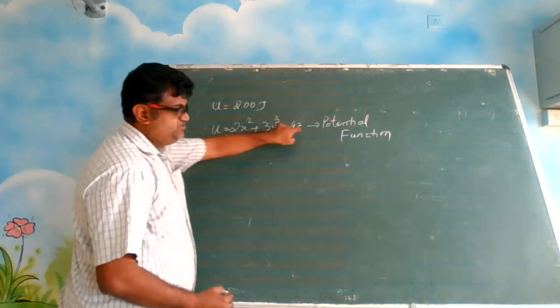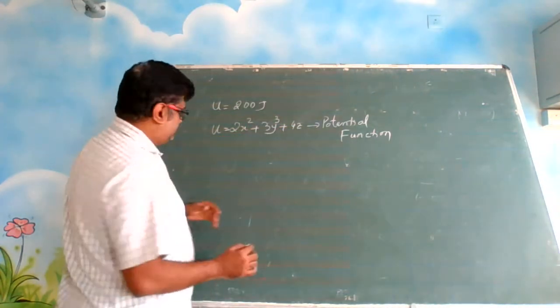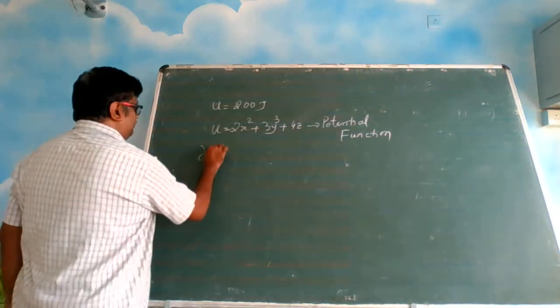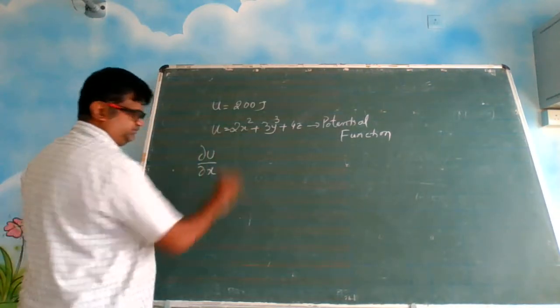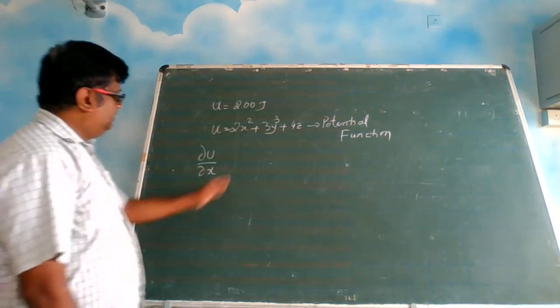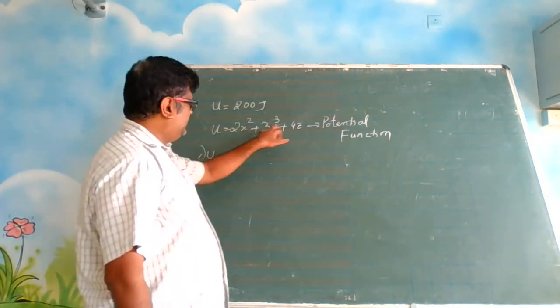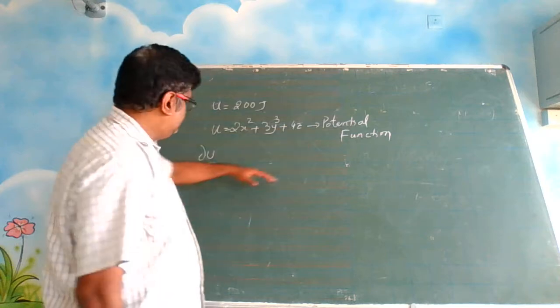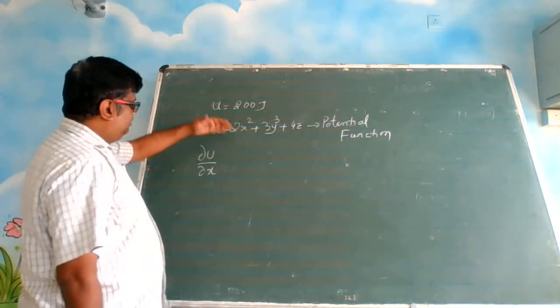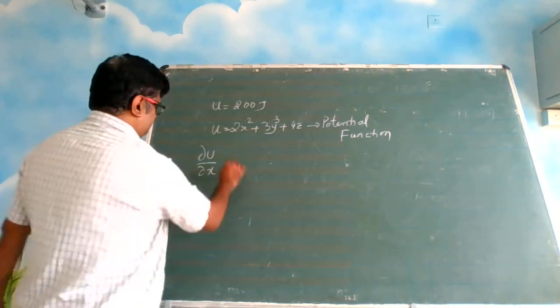Here x, y, z, three terms are there. So if you want to find out dou u by dou x, the procedure is treat y and z as constant. Only x is the variable. Do like a regular differentiation.